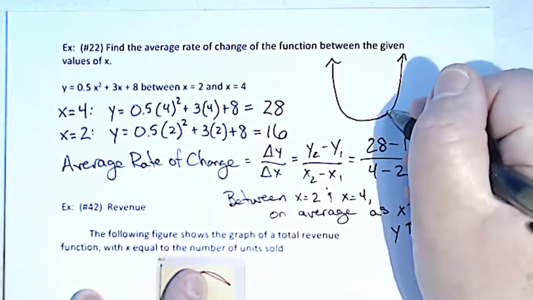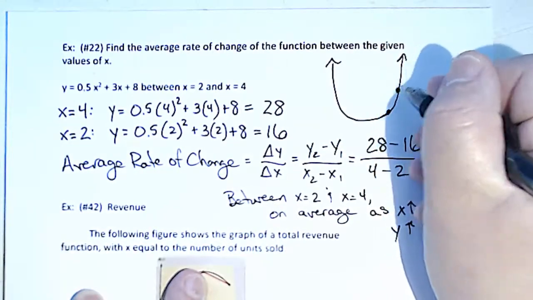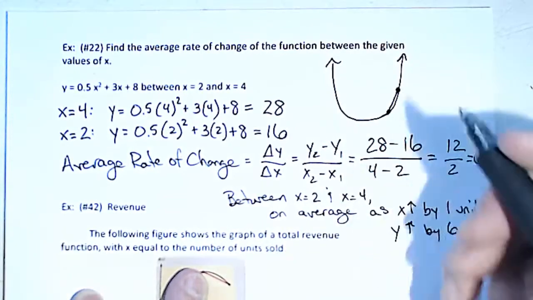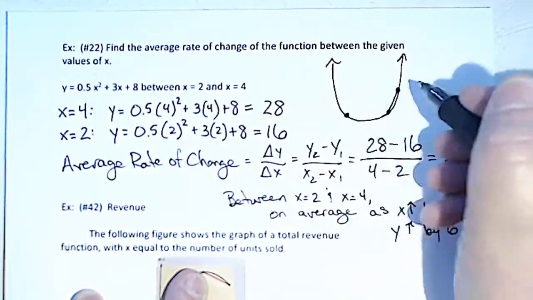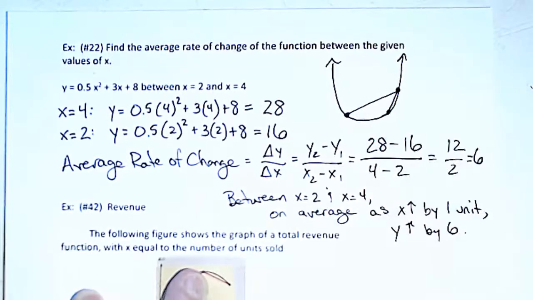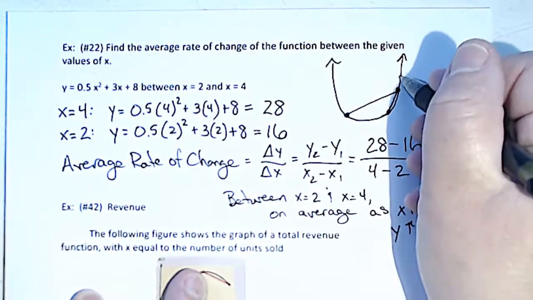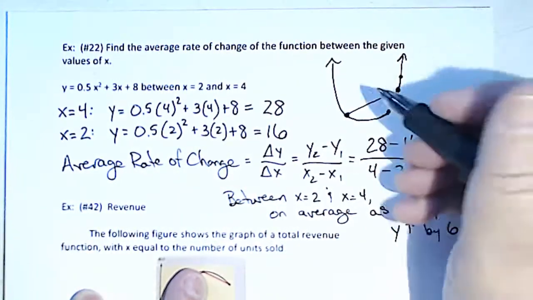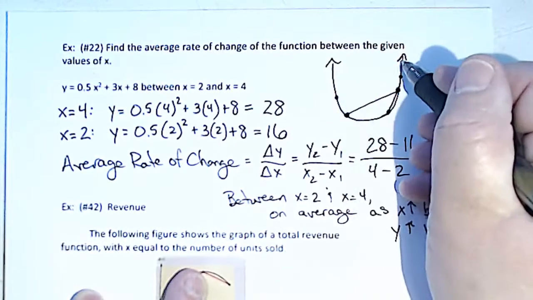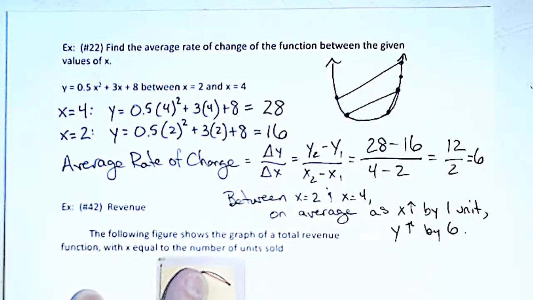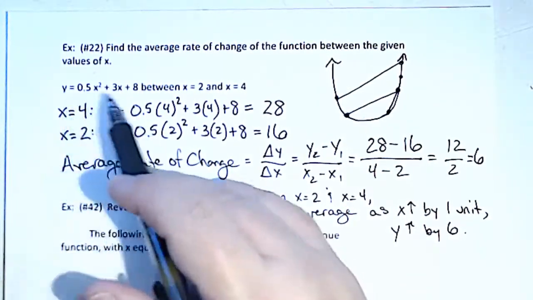So we could be here on the graph, or we could be here on the graph. We could be between this point and this point. We could be between this point and this point. So it's hard to know exactly where we are on the graph, given that we haven't graphed it.